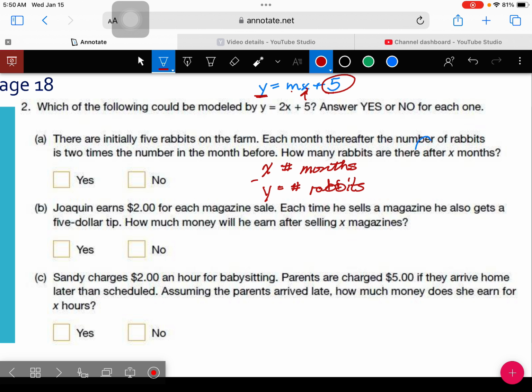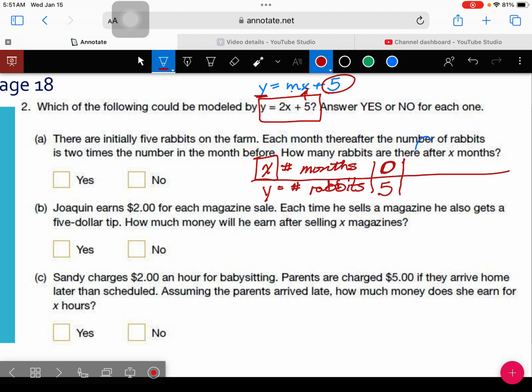Okay. So as I set this up, as 1 month goes by, according to this equation, well, first of all, let's go to 0 months. If I substitute 0 in for X, then I would have 5 rabbits.